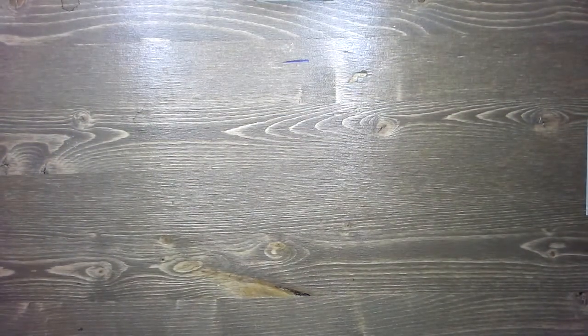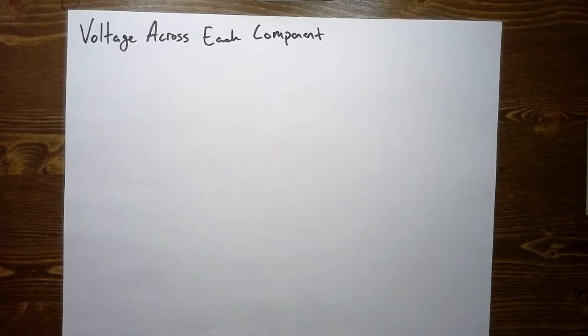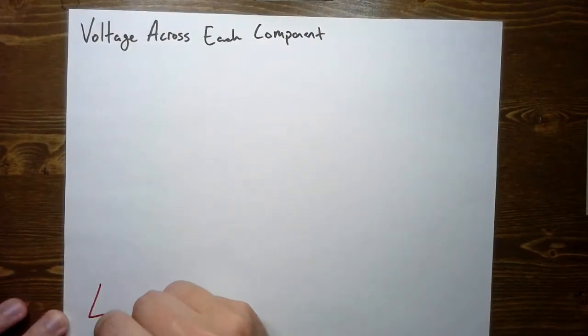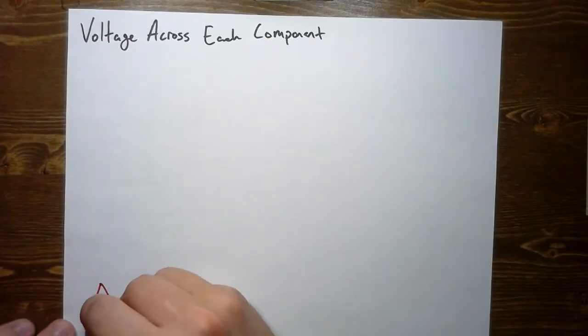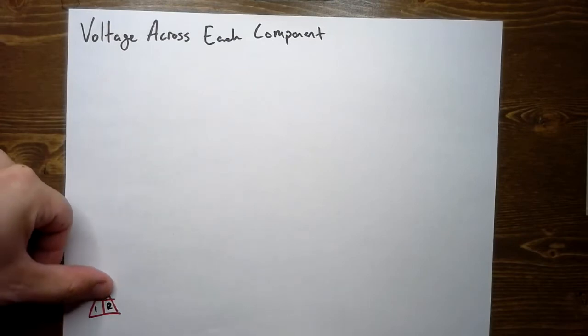The next step to verify Kirchhoff's voltage law is we need to solve for the voltage across each component. We're going to use Ohm's law again to help us with this one. So we get our triangle going here, V, I, and R. We're solving for V this time, so we cover that up with my thumb.